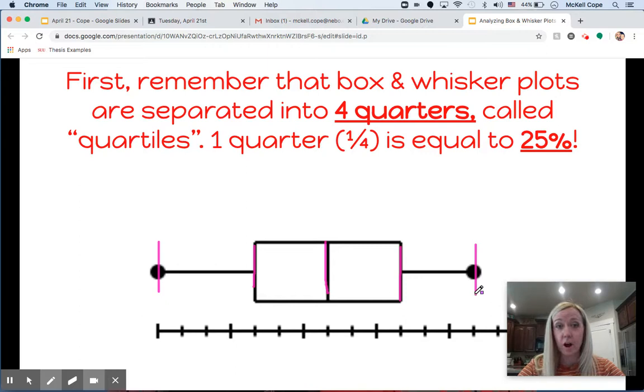So we've taken our whole set from our lowest number to our highest number, and we have separated it into 4 equal groups. Now, that doesn't mean that all of the boxes and the whiskers are going to be the same length. We're going to talk about that here in just a minute, but it means that the numbers have been separated into 4 equal groups. So you will have approximately the same amount of numbers in your first, second, third, and fourth quarters.